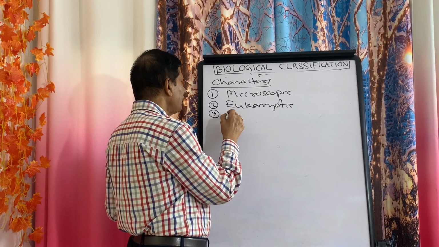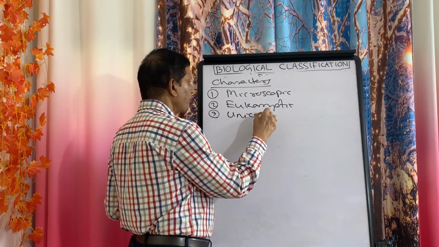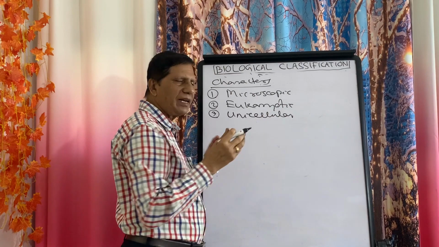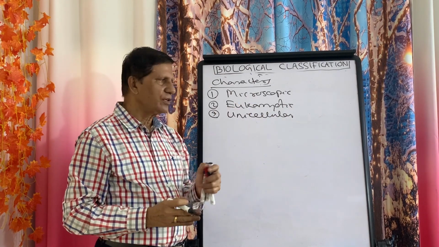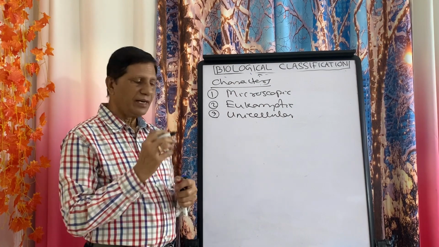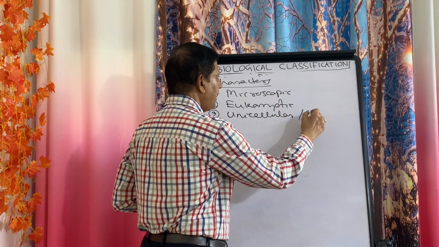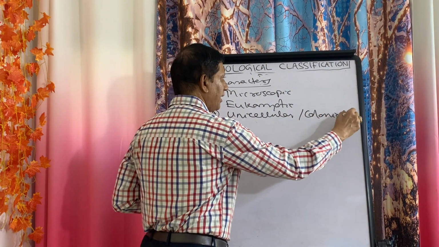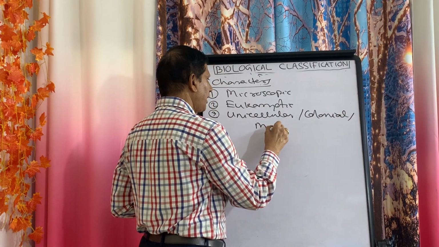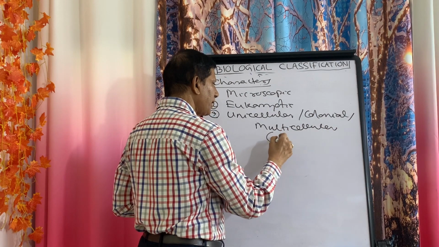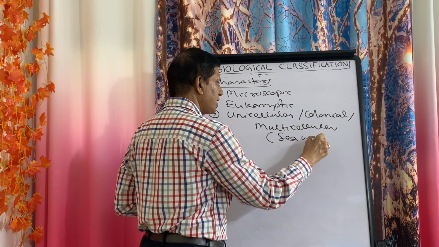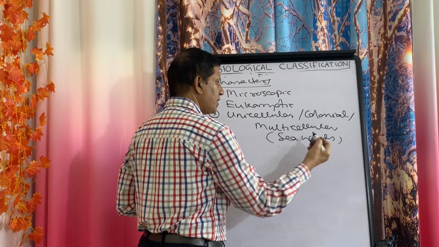The next point is they are always unicellular, because the main characteristic of Protista is unicellular eukaryotes. But again you will find some colonial, though rare, and some multicellular organisms. And the common multicellular organisms are the seaweeds. The seaweeds, they are multicellular.